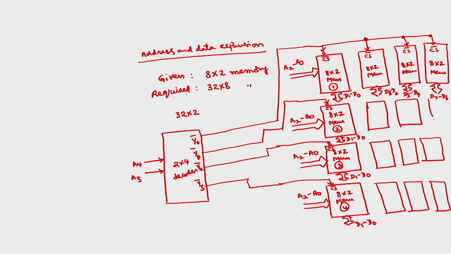So, totally we need 16 such 8 by 2 memories to get 32 by 8. Normally this type of question will be asked in competitive exams: to construct 32 by 8, how many 8 by 2 memories are required? The answer is 16.